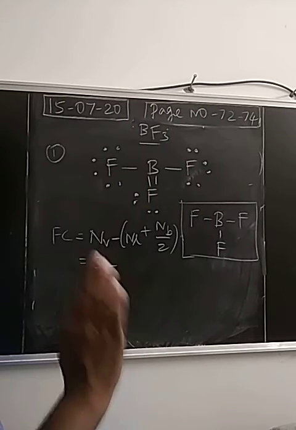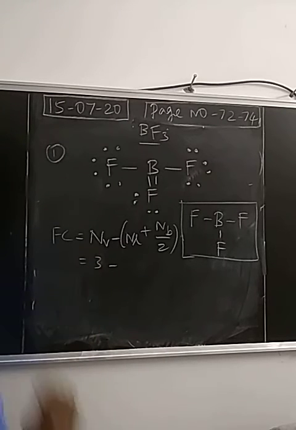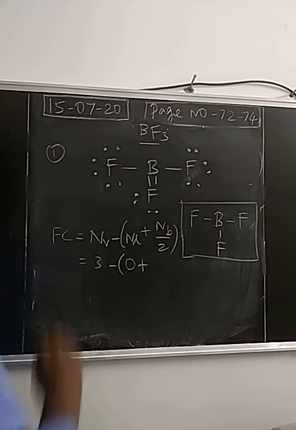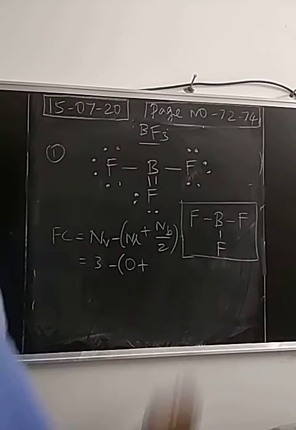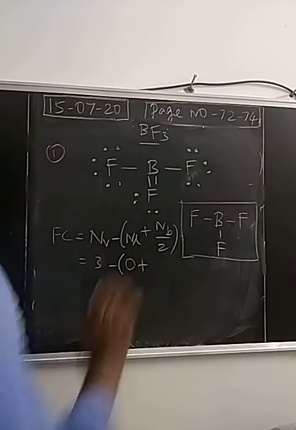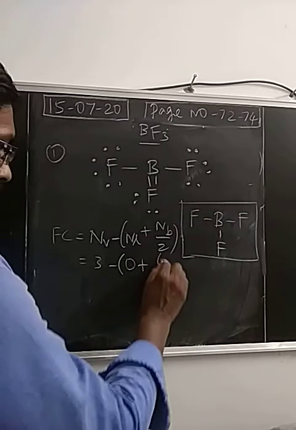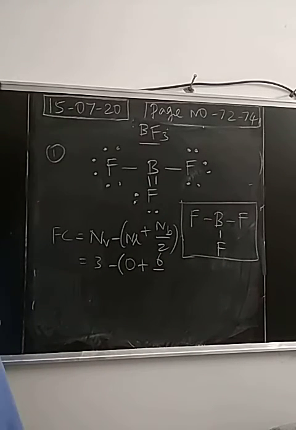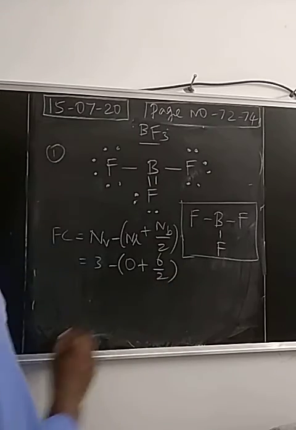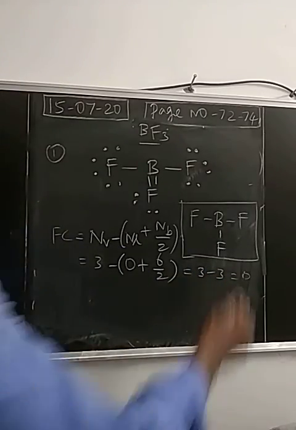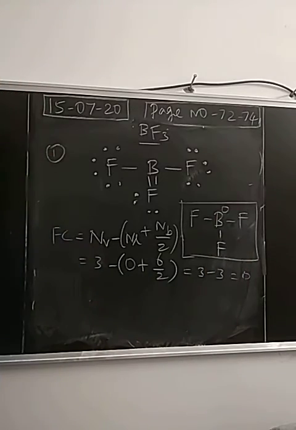So the second shell has 3 electrons. Valence electrons 3. Next, the number of electrons present as a lone pair, 0. Plus the number of electrons present as bonded pair: 2, 4, 6. 3 covalent bonds, for each covalent bond 2 electrons. So totally 6 electrons are present as bonded pair. So 3 minus 3, 0. What is the formal charge on boron? 0.